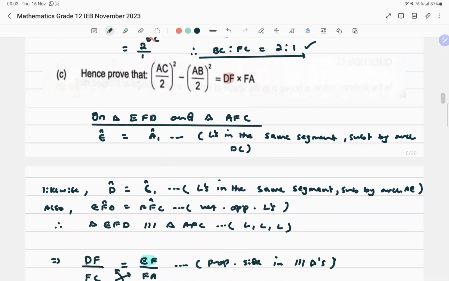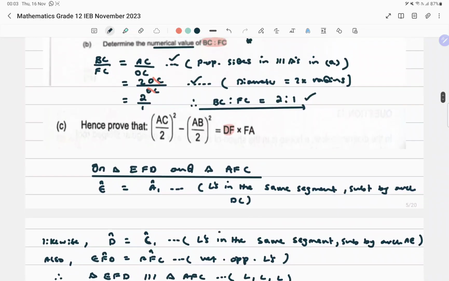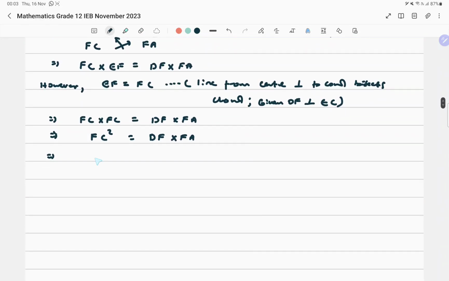We have proven, though, that actually FC, if you look at this ratio right here, BC over FC, look at that, BC over FC, we found that this is 2 over 1. So imagine if we want to find out what is FC, you can just flip this thing around.